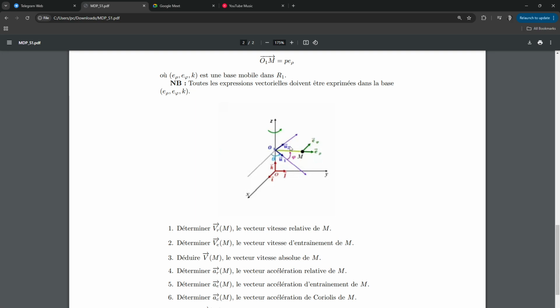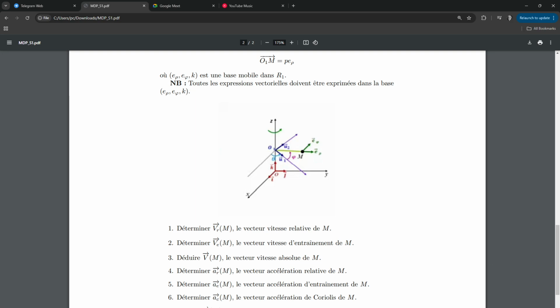Here we can use our knowledge of la base cylindrique to tell the position of this particle M. So if you use la base cylindrique, what is the position vector of the point M that has been drawn the way it has been drawn? So that's the first thing that we want to do. So let's go back to the board and see how best we can answer this question.